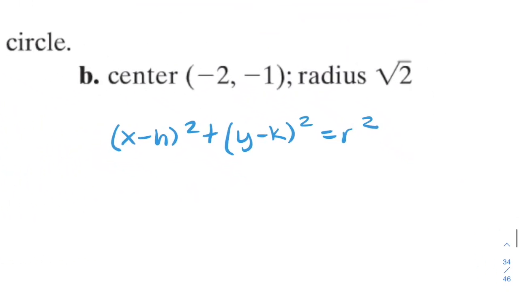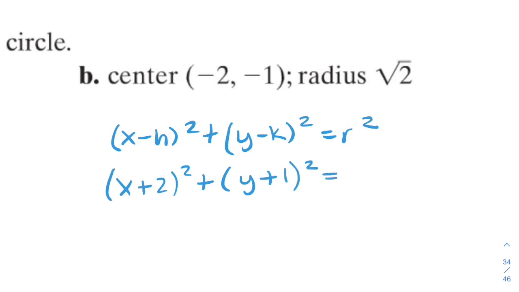Now this one's a little bit tricky, but we'll get through it. x minus a negative 2 is going to be x plus 2. And then y minus k is going to be y minus negative 1, which is y plus 1. And then r squared, so it's the square root of 2 squared.